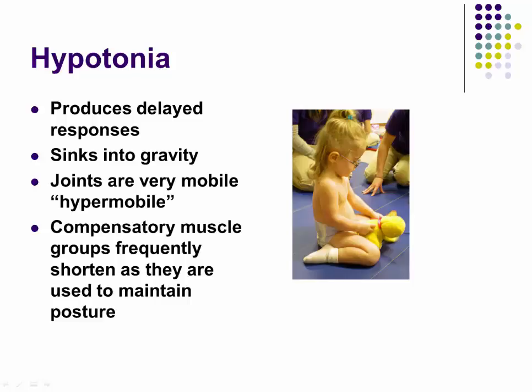This is a compensatory strategy she's using to biomechanically hang on her joints to help support her. It can get her into problems later on because, even though her joints are very hypermobile, the compensatory strategies she's using to support herself are causing some contractures at those joints.